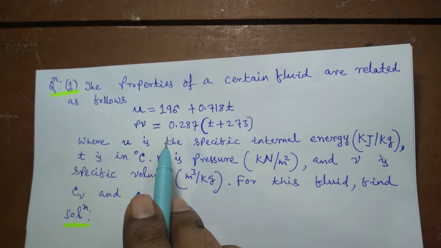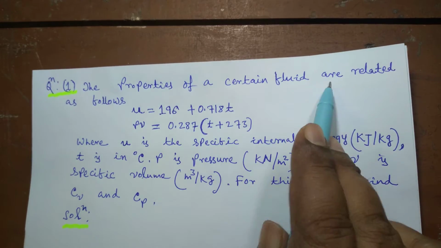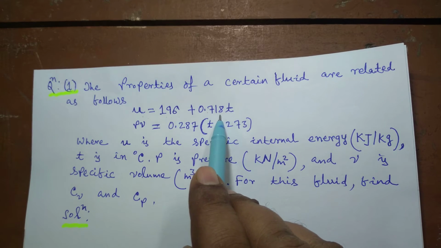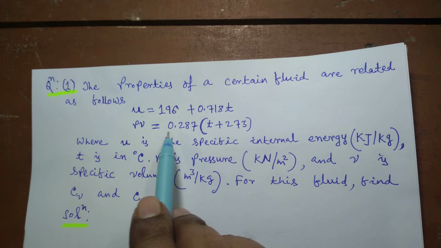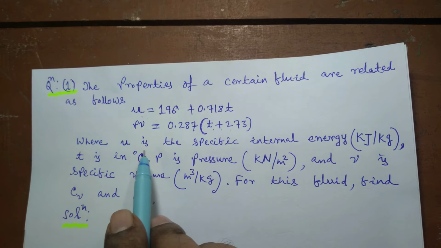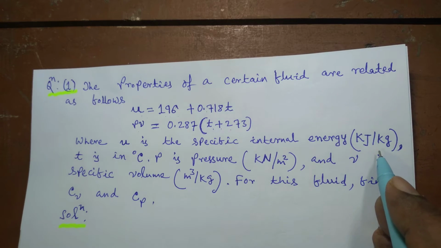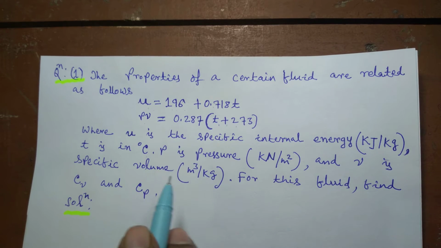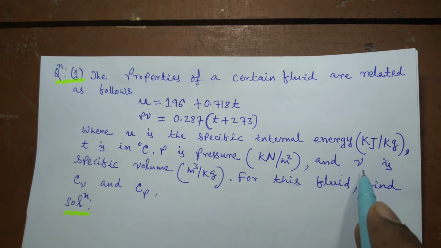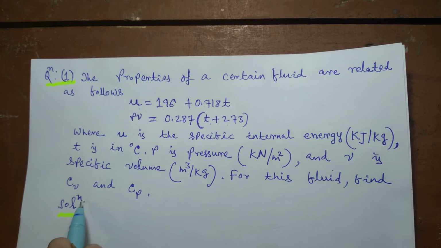The properties of a certain fluid are related as follows: u equal to 196 plus 0.718 t, pv is equal to 0.287 multiplied by t plus 273, where small u is the specific internal energy in kilojoule per kg, and t is in degree Celsius, p is pressure expressed in kilopascal or kilonewton per meter square, and small v is specific volume, whose unit is meter cube per kg. For this fluid, find small cv and small cp.